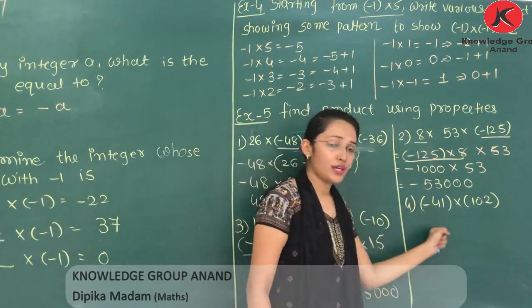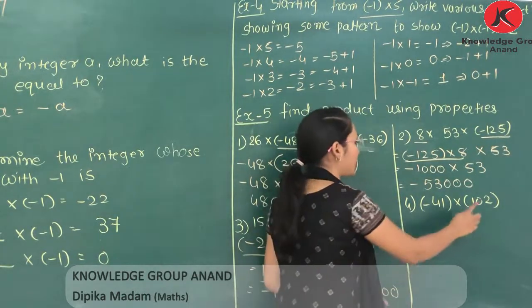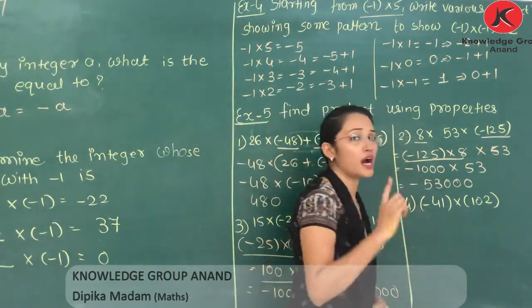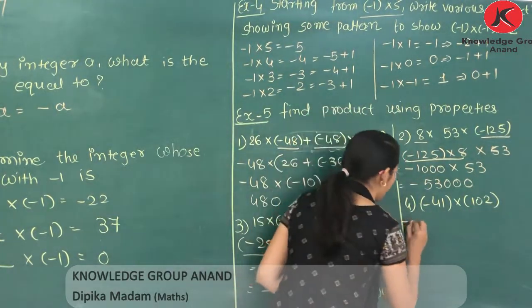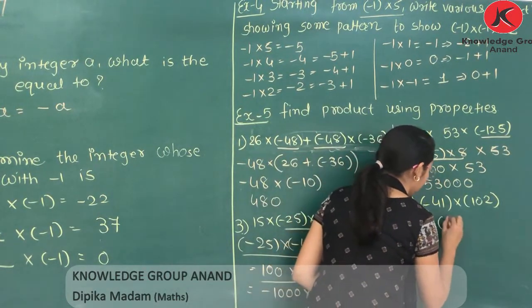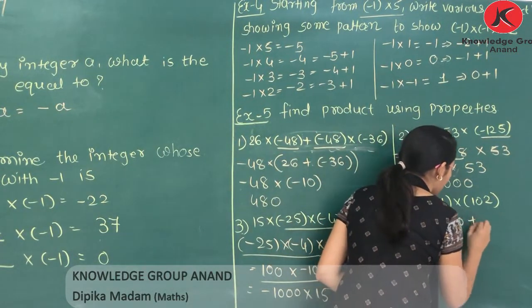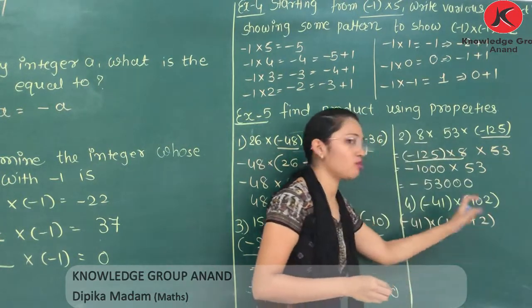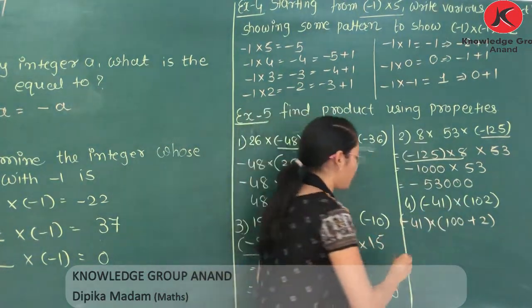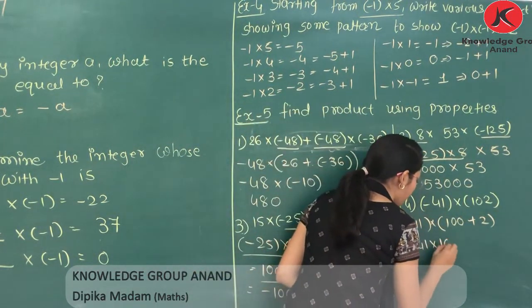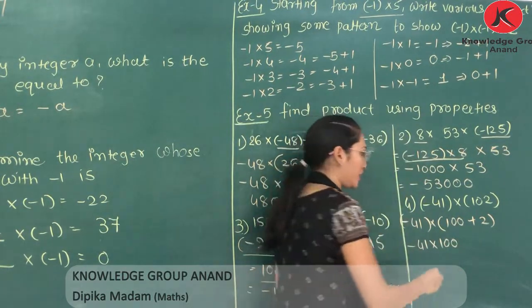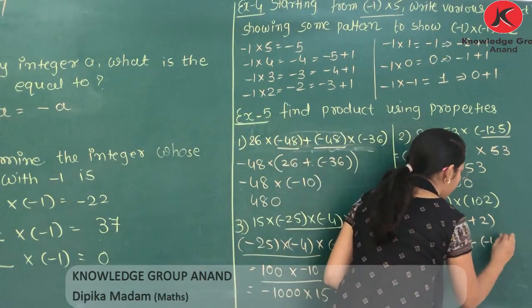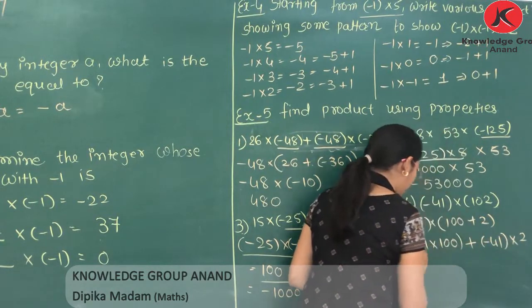Next example is -41 multiply 102. So what do we need to do here? Here we need to split 102 as 100 plus 2. -41 into 100 plus 2. Multiplication over addition. Apply the distributive property. -41 is multiplied with 100 and -41 is multiplied with 2.